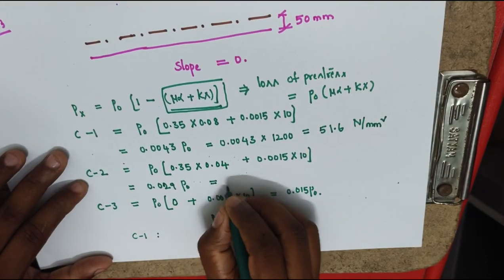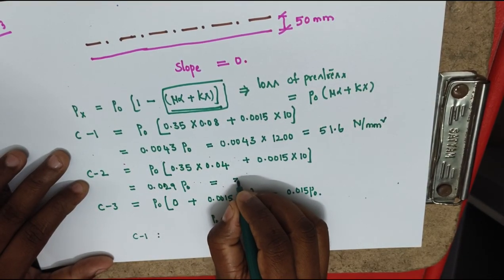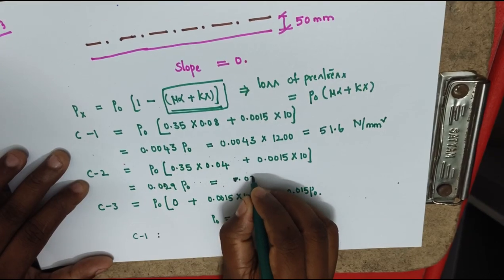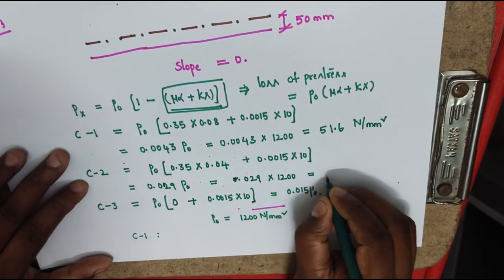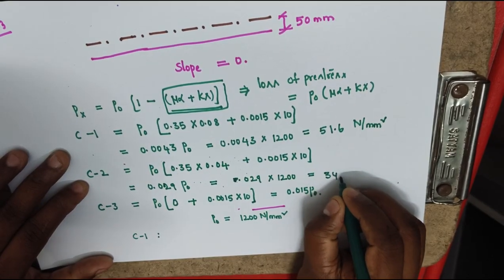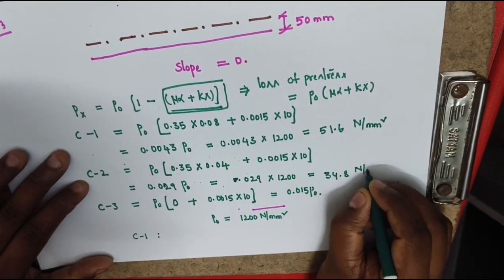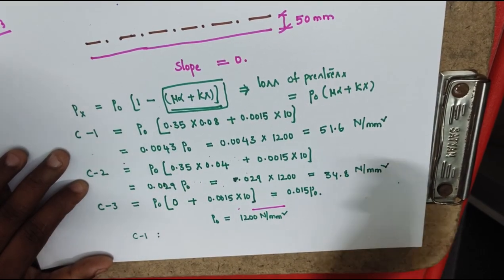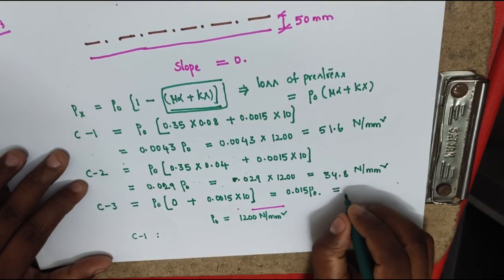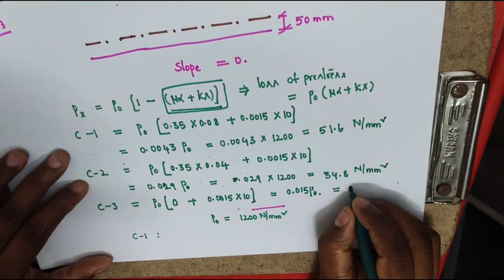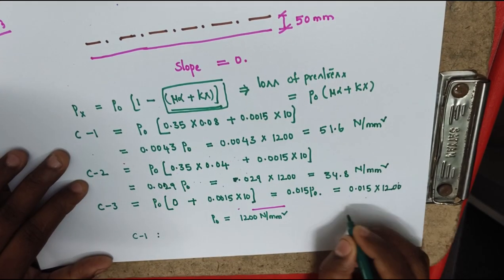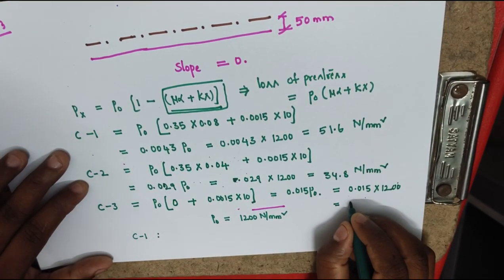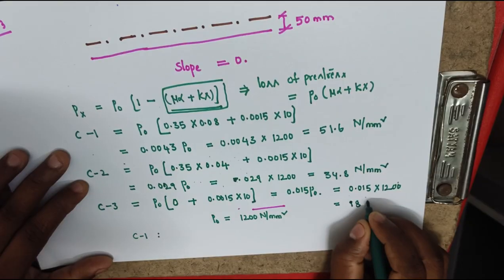And in cable 2, 0.029 into 1200, that is equal to 34.8 Newton per mm square. For cable 3, 0.015 into 1200, that is equal to 18 Newton per mm square.